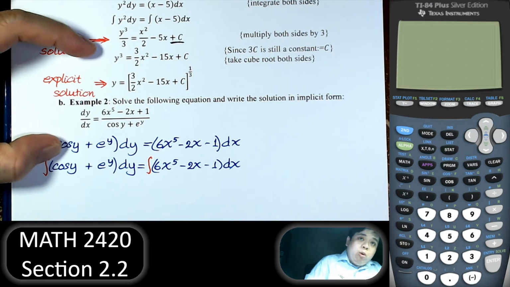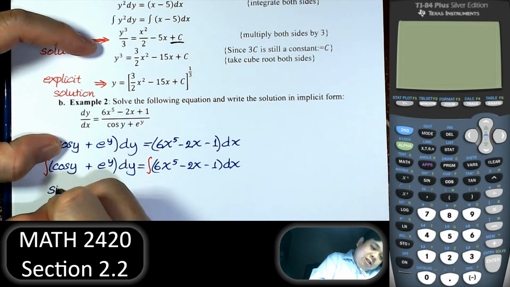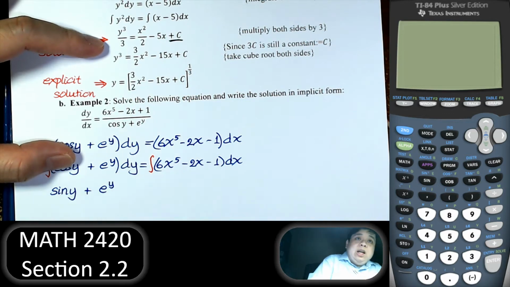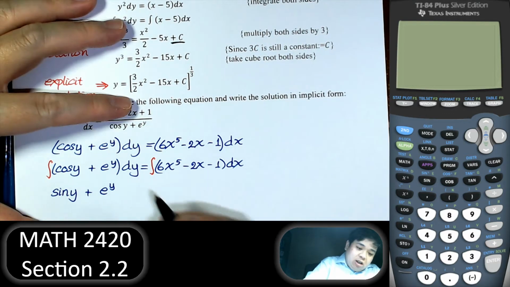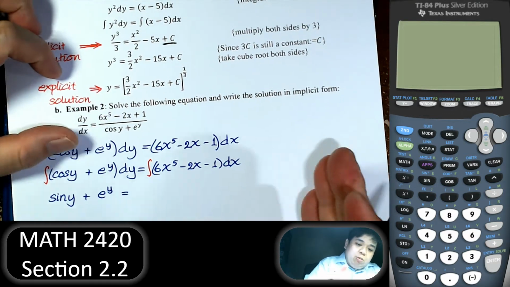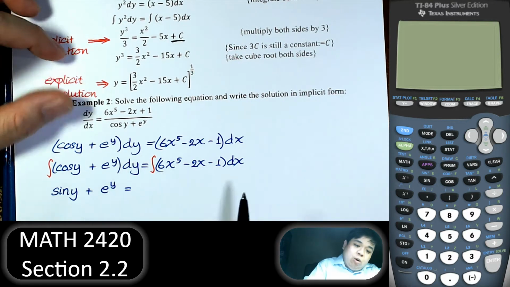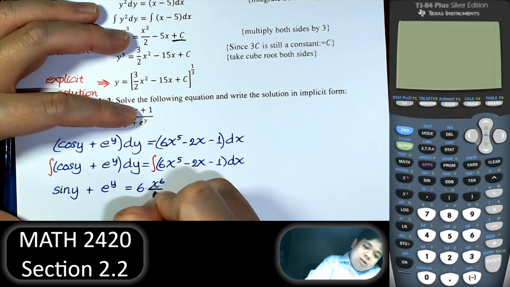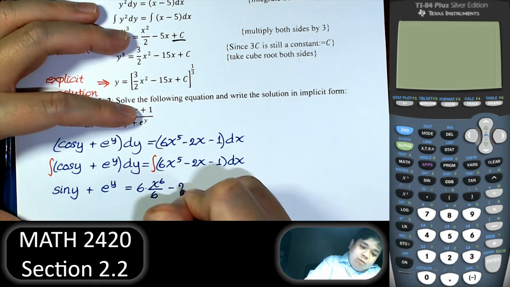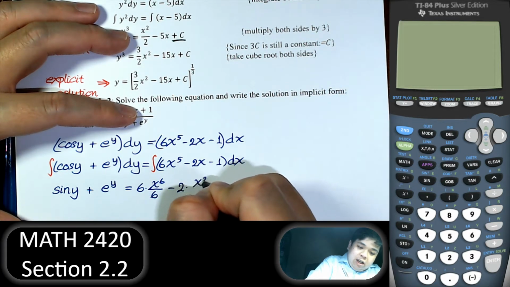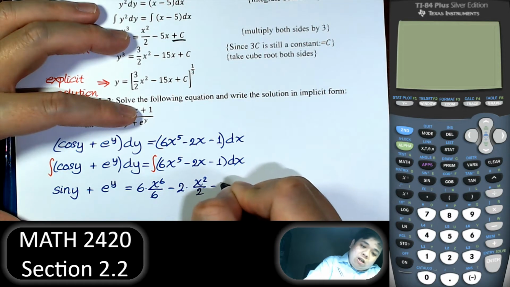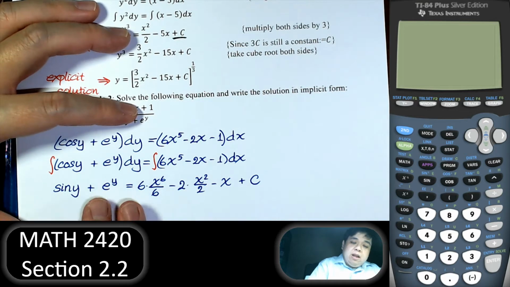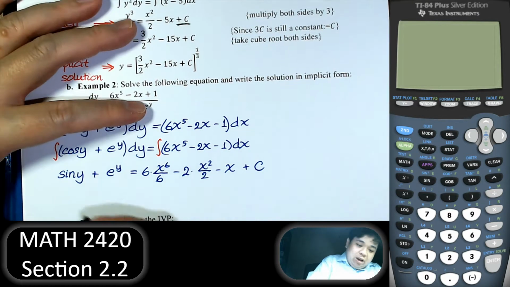Integral of cosine is sine. Integral of e to the y is still e to the y. We can add a constant on the left hand side, but usually I put a constant on the right hand side. Integral of x to the 5th is x to the 6 over 6. Integral of x is x squared over 2. Integral of 1 is x, and then there's a constant. 6 and 6 cancel out, 2 and 2 cancel out.